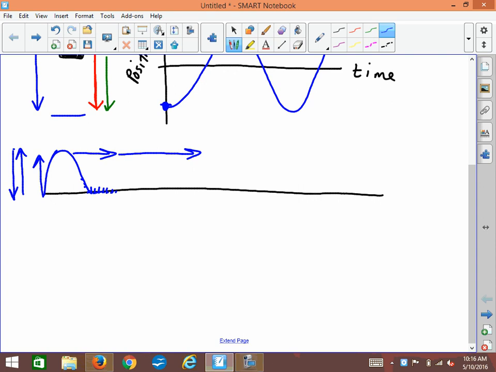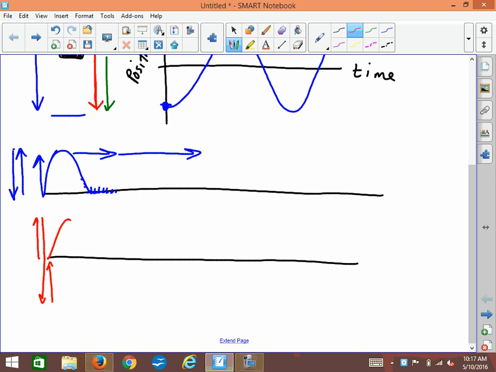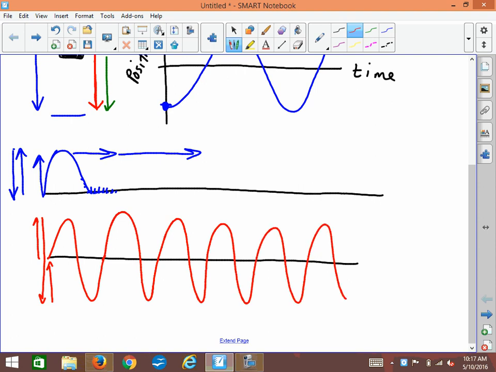If I were to take this same string and snap it very quickly up and then down, all the way down past where I started, and then back up again, sort of three motions, I would produce a wiggle that looked like this. And that wiggle would work its way down the entire string, and I would see that wiggle.